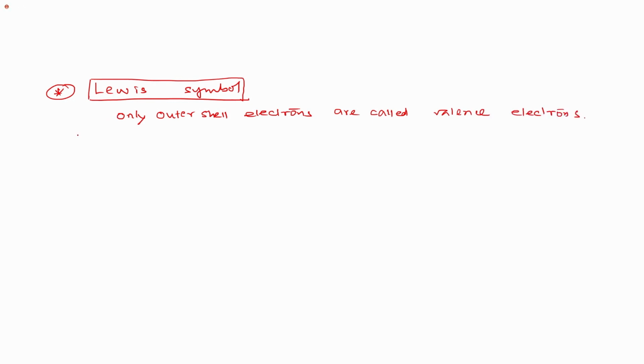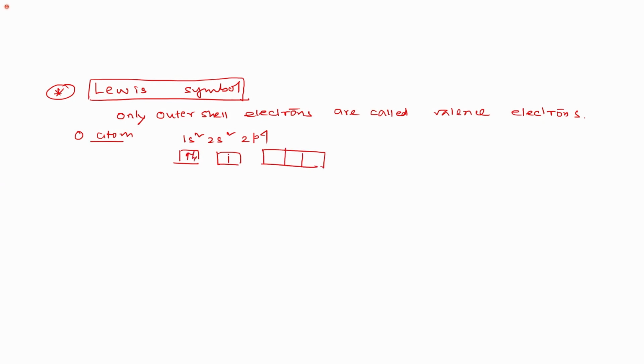For example, the oxygen atom. If I write its electronic configuration, 1s2, 2s2, 2p4. This is the 1s, this is the 2s, and this is the 2p.